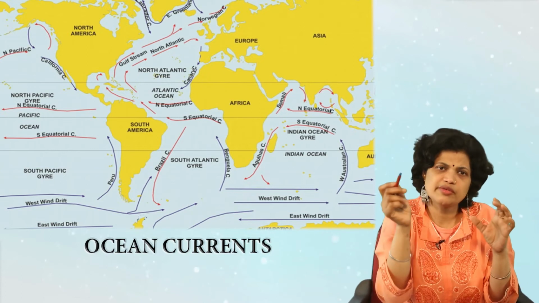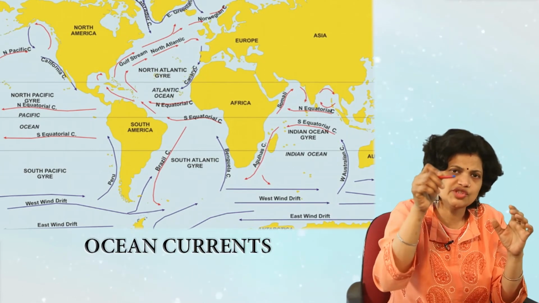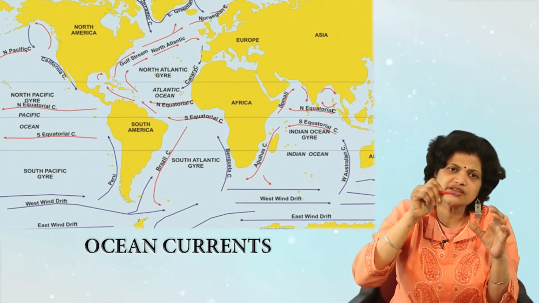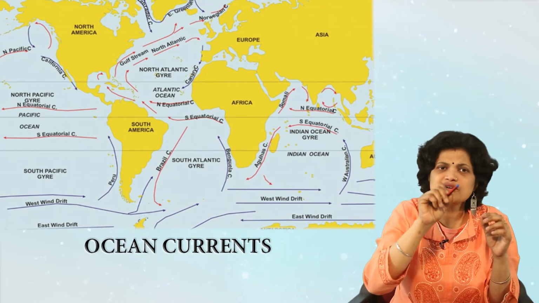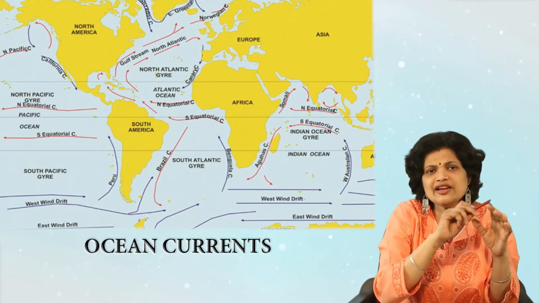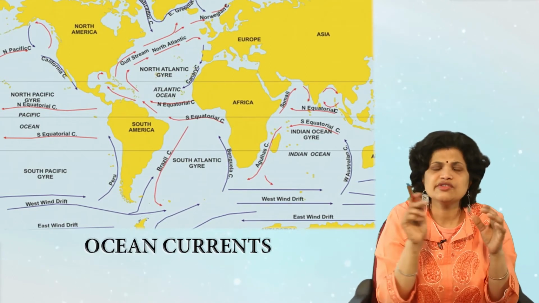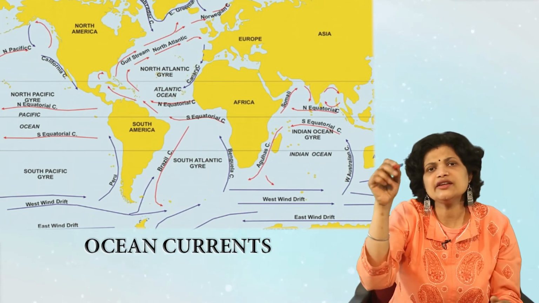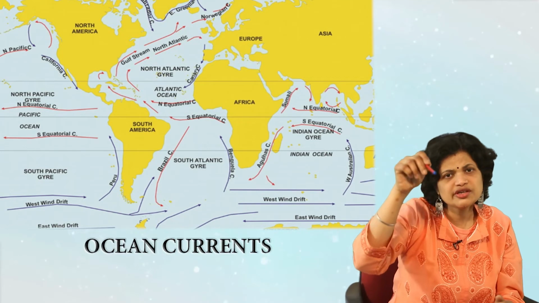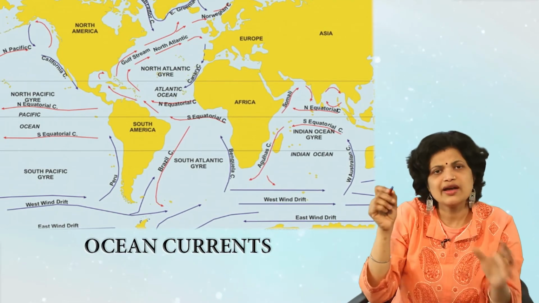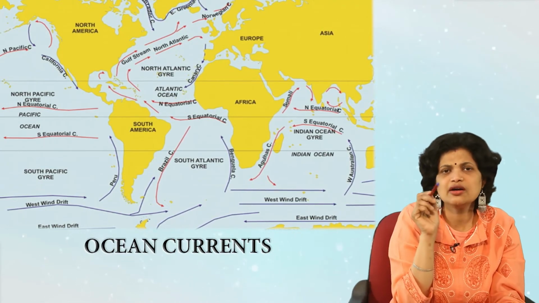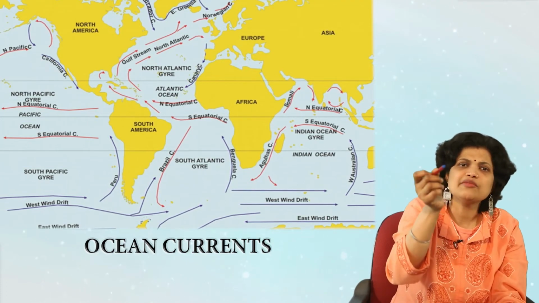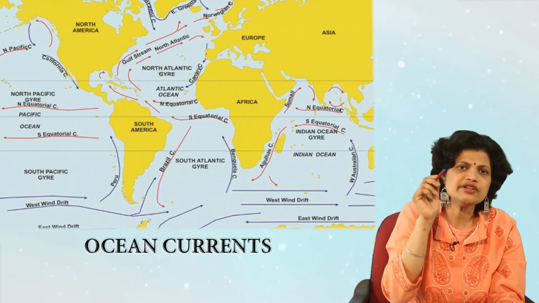Once it reaches the Brazilian coast, it comes down, following the coastline of Brazil as the Brazilian warm current, and then it merges with the westerly wind belt as the West Wind Drift, which is relatively colder, and then along the African coast it turns towards the left and is called the Benguela cold current, and then it merges with the South Equatorial warm current.